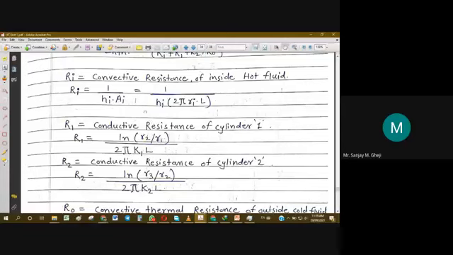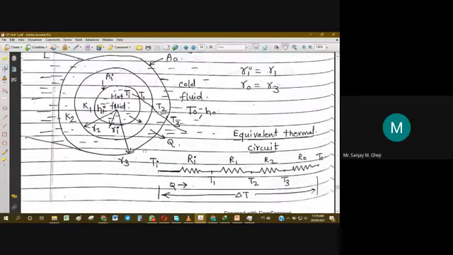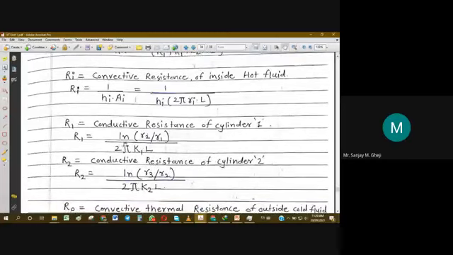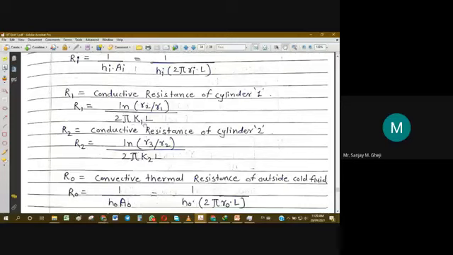Looking at the diagram for the inner tube, the outer radius is R2 and the inner radius is R1 or Ri. So this ratio is R2 by R1, and the conductivity is K1. So it is ln of R2 by R1 upon 2 pi K1 into L.